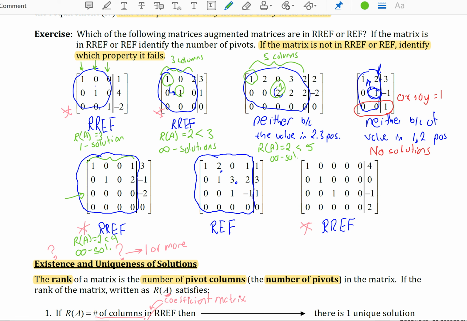This one's in REF form. I could get it into RREF probably, but I think what you want to know here is that the rank of A, how many pivots there are, is 3, but there are 4 columns in the coefficient matrix A. This one's going to again have infinite solutions.